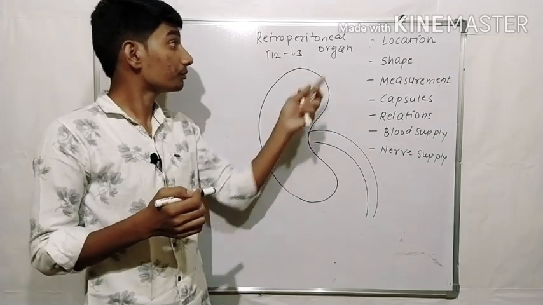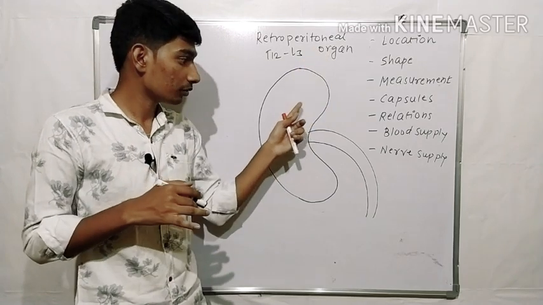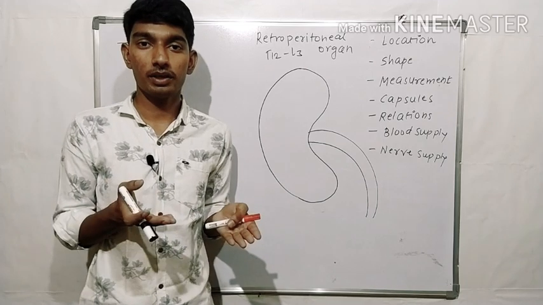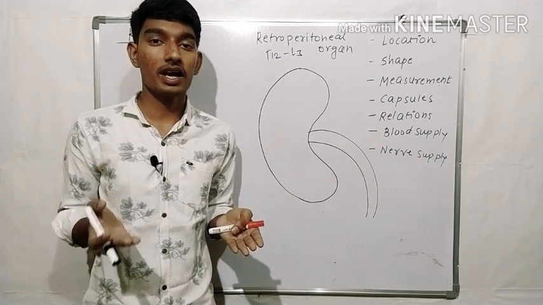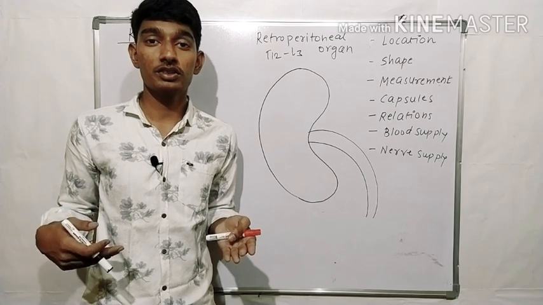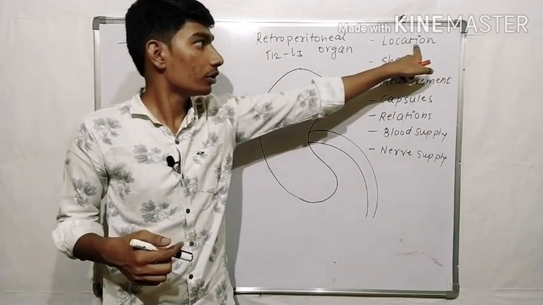Retroperitoneal means on the posterior side. The right and left kidneys are not at the same level. The right kidney is slightly lower than the left kidney because of the presence of the liver on the right side. This is about the location.